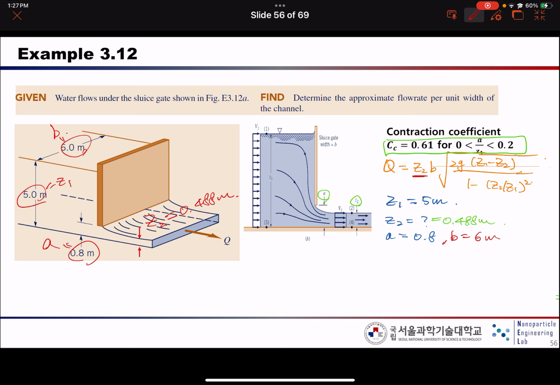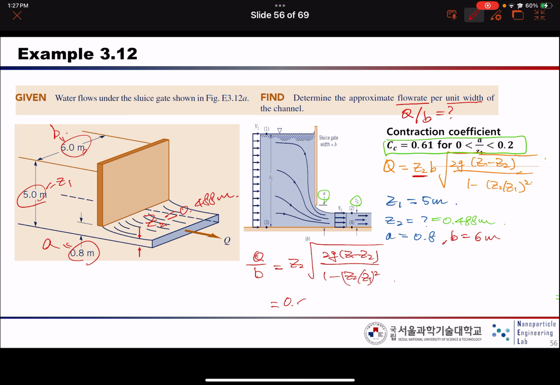So here we need to calculate the approximate flow rate per unit width, which means Q divided by B. What is this? Okay. So Q divided by B we can write as Z2 times the square root of 2g (Z1 minus Z2) over (1 minus Z2 squared over Z1 squared), right? So we know the values over here, so let's just put the values in.